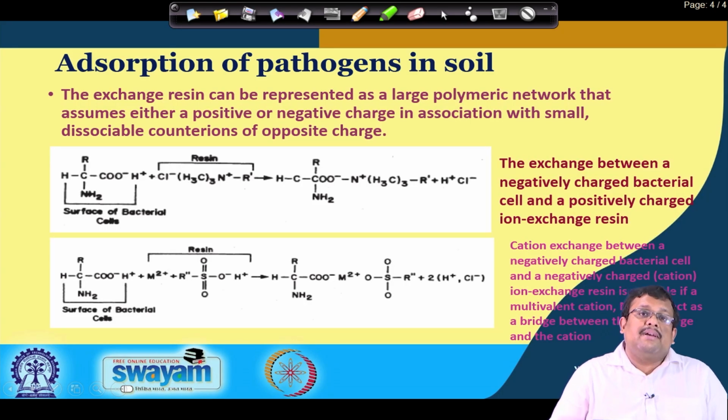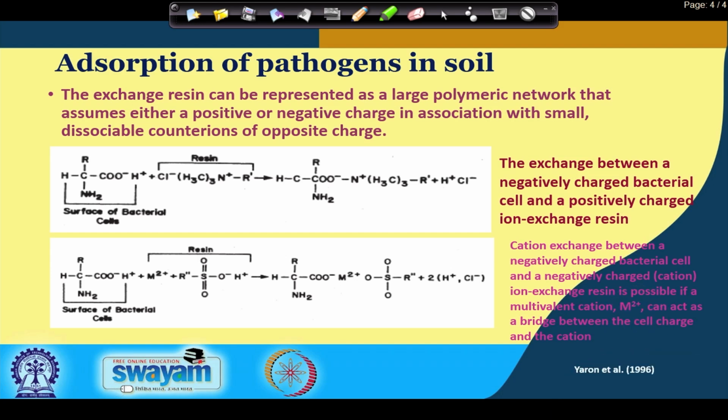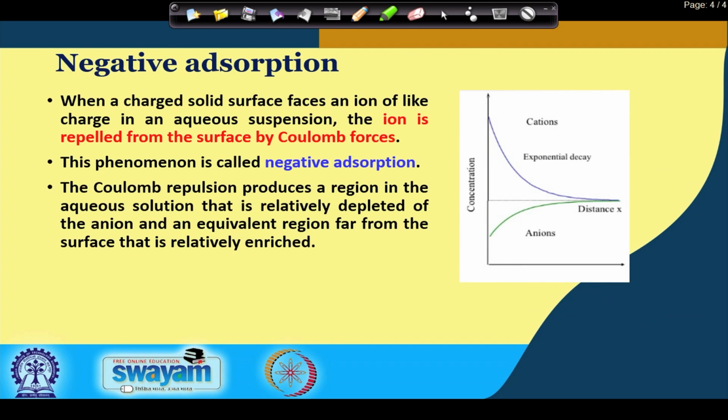Adsorption of pathogen in the soil was discussed in terms of reaction between the bacterial cell wall and different charge, negatively and positively charged ion exchanger resins, and I have showed you two examples where these ion exchanger resins are reacting with the surface of the bacterial cell, so that the pathogens are getting attached to the soil surface.